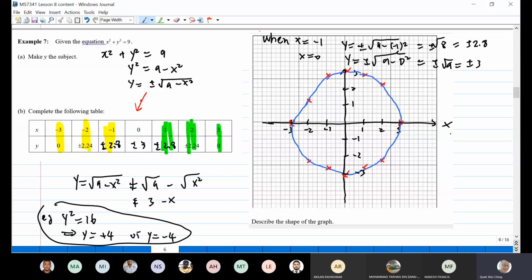Okay, although it doesn't look like a circle, right? Actually, it's a circle, right? Maybe I made a mistake here. I think I made a mistake at this point.